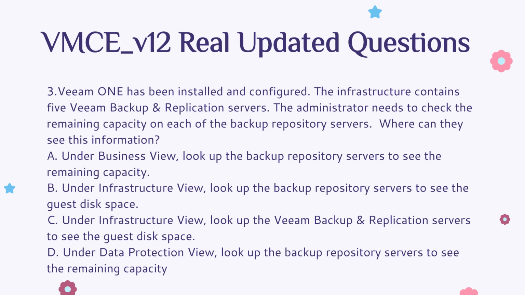B. Under Infrastructure View, look up the backup repository servers to see the guest disk space. C. Under Infrastructure View, look up the Veeam Backup and Replication servers to see the guest disk space. D. Under Data Protection View, look up the backup repository servers to see the remaining capacity.